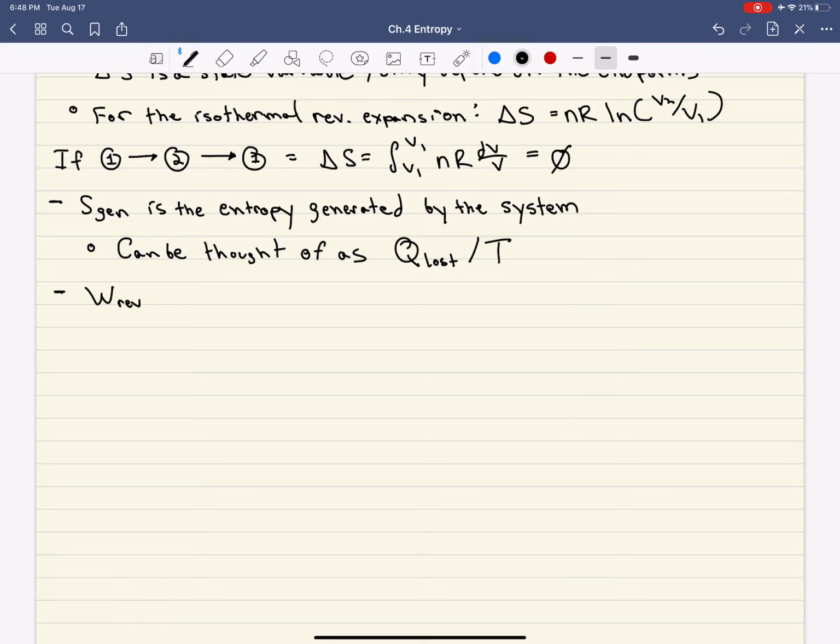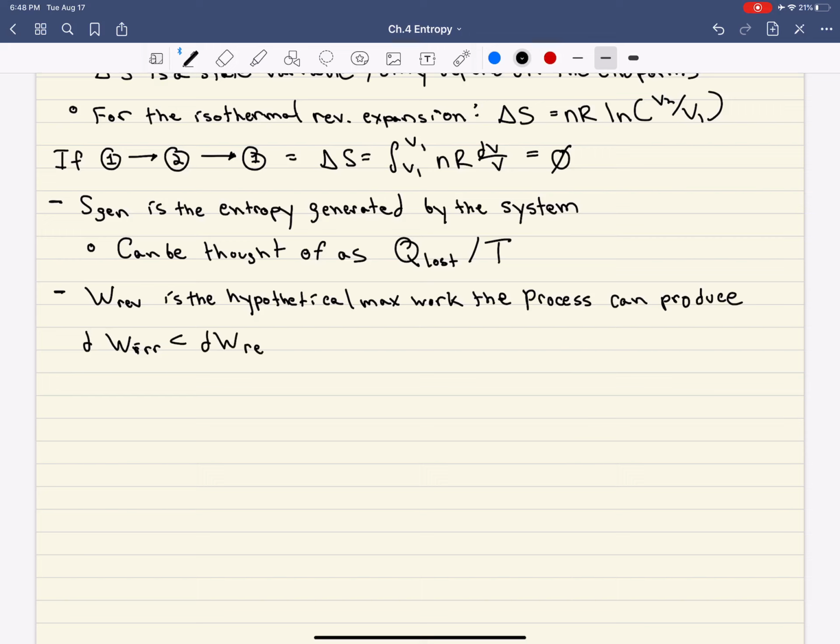If we say that work reversible is the hypothetical maximum amount of work that the heat engine or the process can produce, and we look at the differential forms, we know that in the case of the irreversible process, the amount of work we get out of it is less than the reversible process.